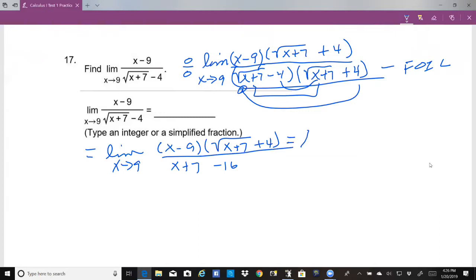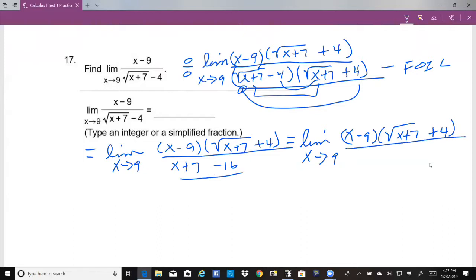And this is going to be the limit as x approaches 9 of x minus 9, the square root of x plus 7 plus 4, divided by the numerator, which is x minus 9. And notice we get some relief here.